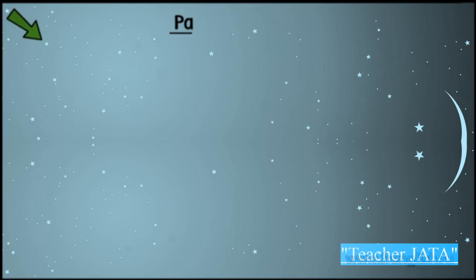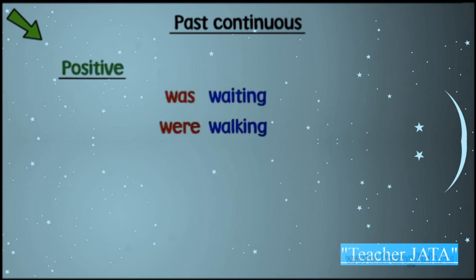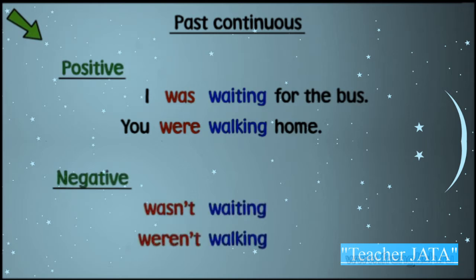We form the past continuous with was or were and the ing form of the verb. We form the past continuous negative with wasn't or weren't and the ing form of the verb.